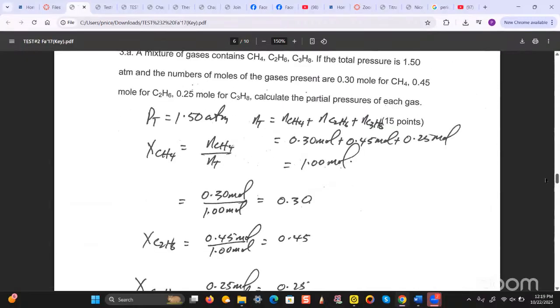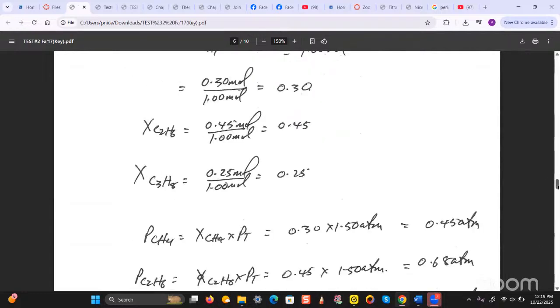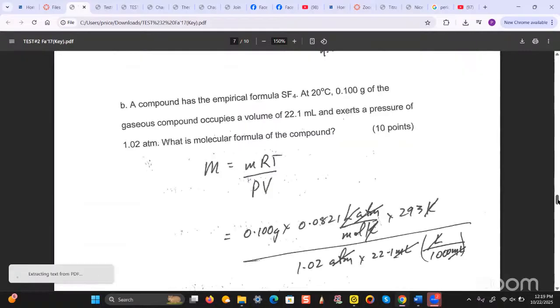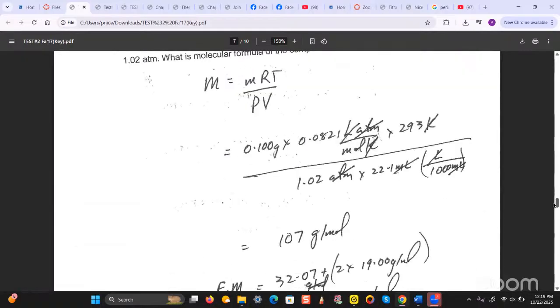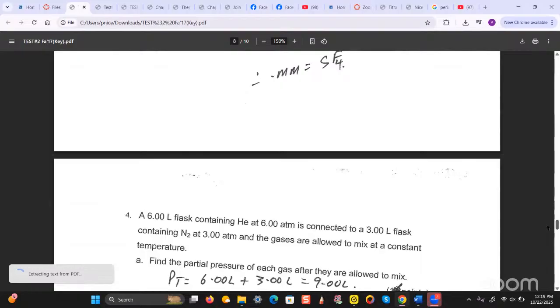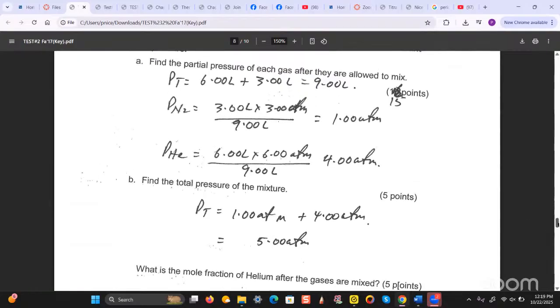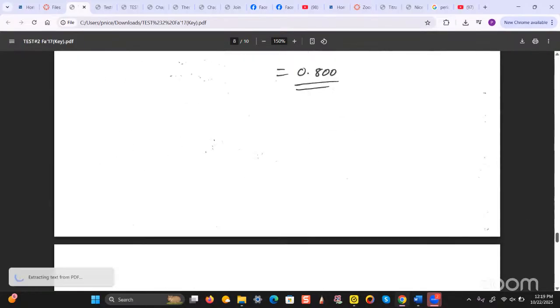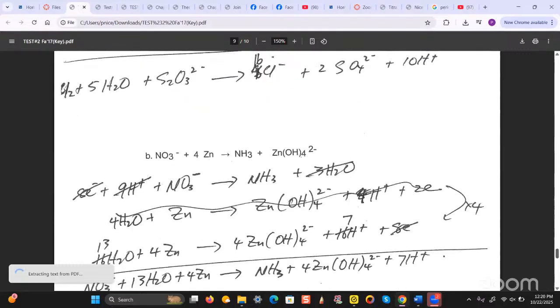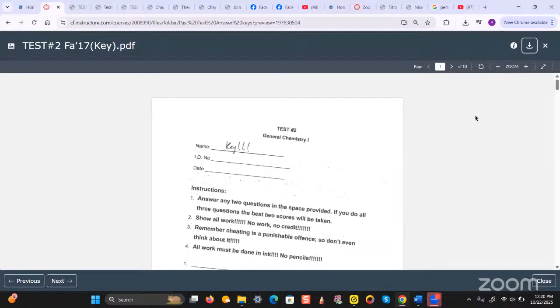I think this one is repeated from a previous test I showed you, so you can look at that again. This is another gas law question. Redox again. That's another one you can review, so make a note of that as well.